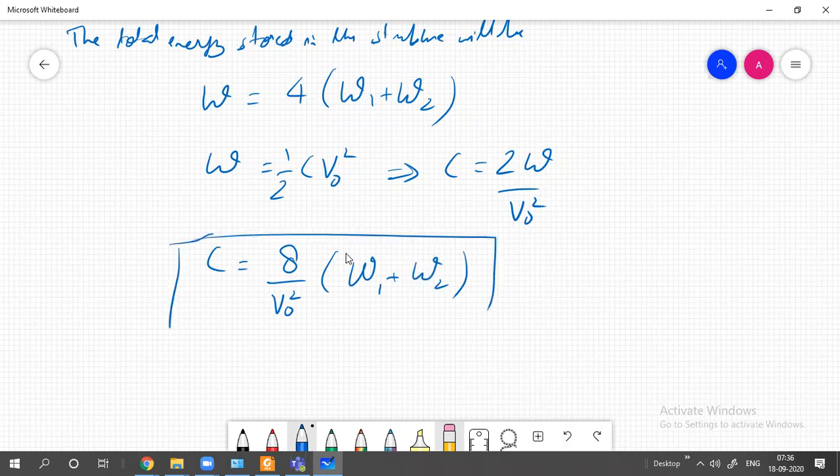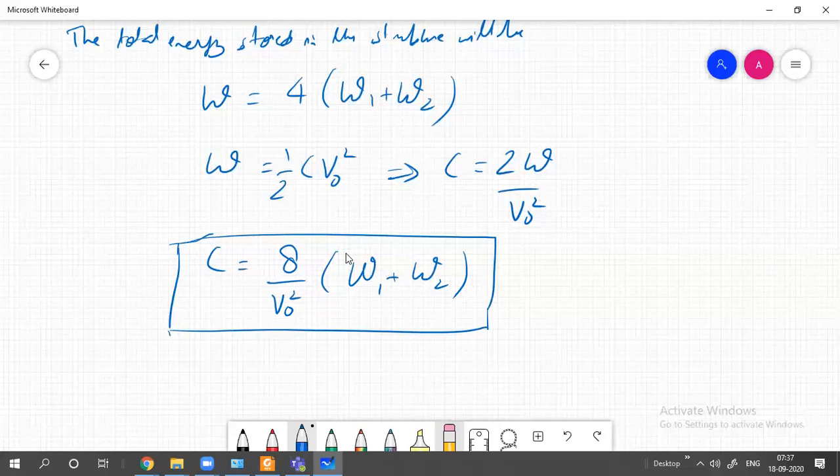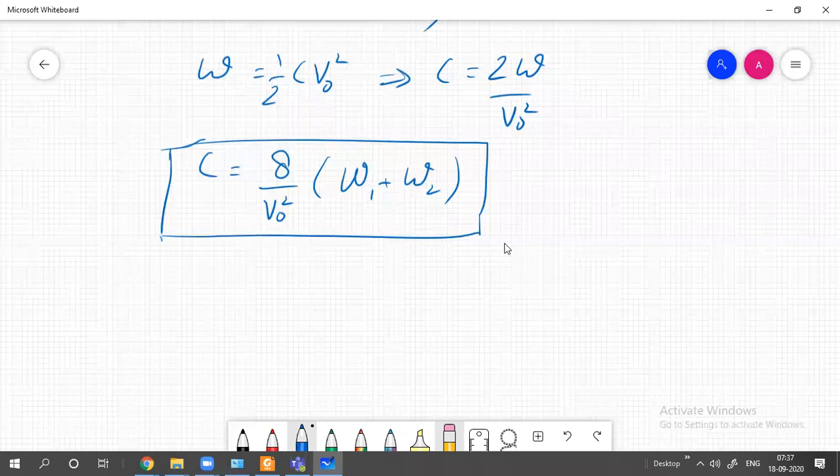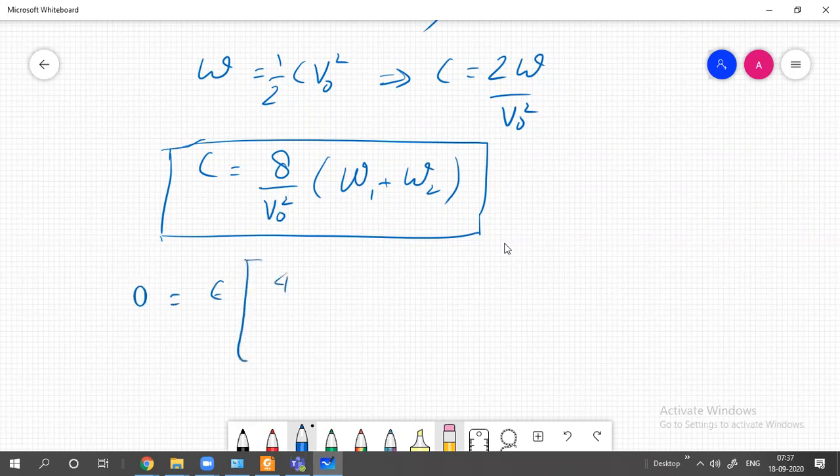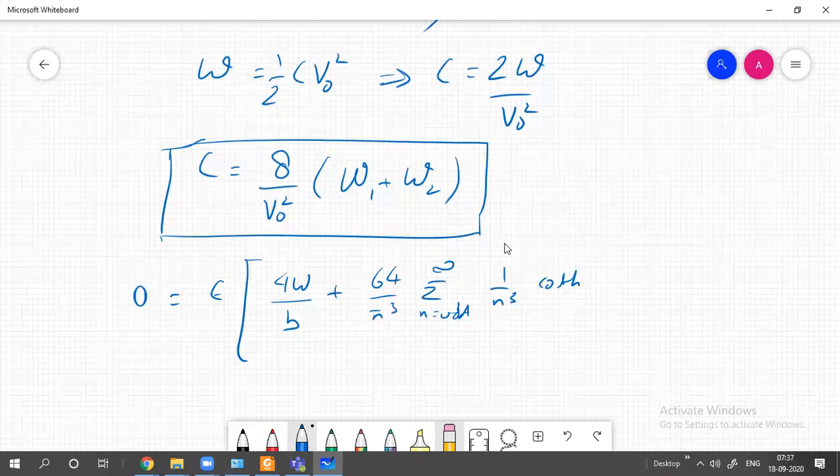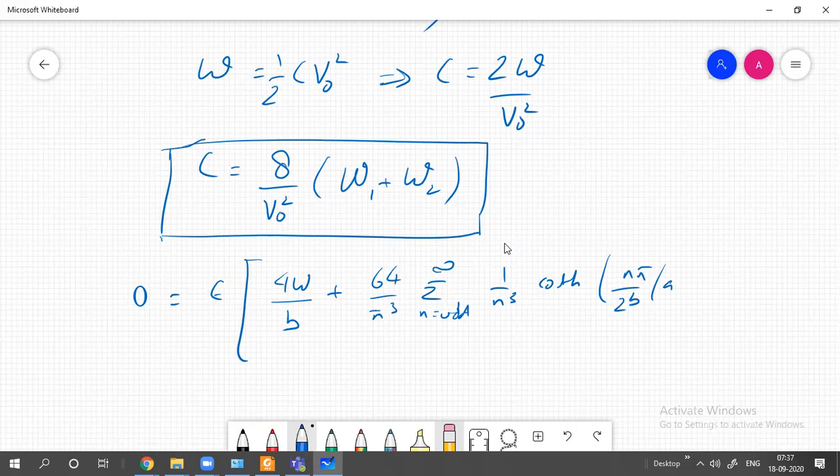Now substitute the value of W1 and W2. If we substitute them, finally we will have the capacitance as epsilon times 4w by b plus 64 over pi cubed, summation n equals odd to infinity, 1 over n cubed coth of n pi b by 2 times (a minus w).